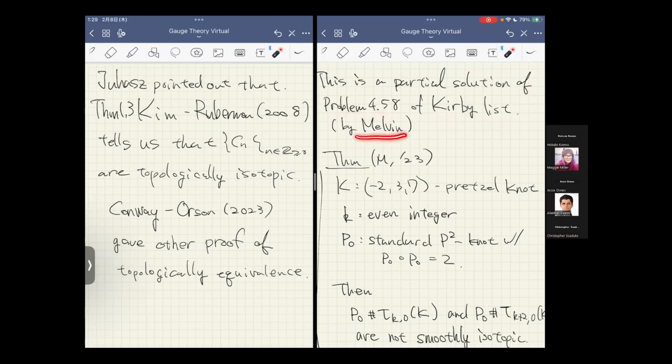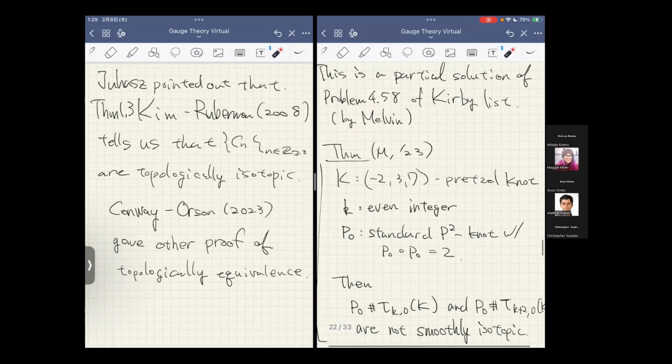This was posed by Melvin. It is known that for the connected sum of the k-twist spun knot of K and the standard P2 knot, the knot group only depends on the parity of k.